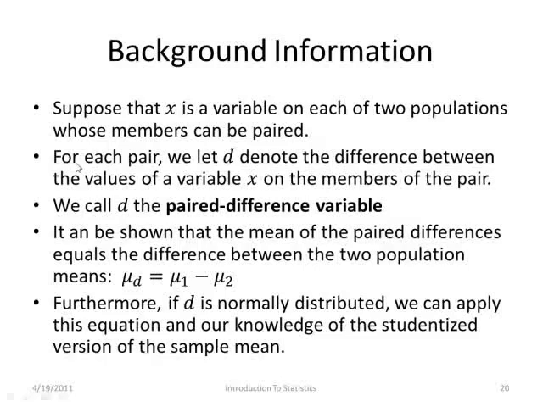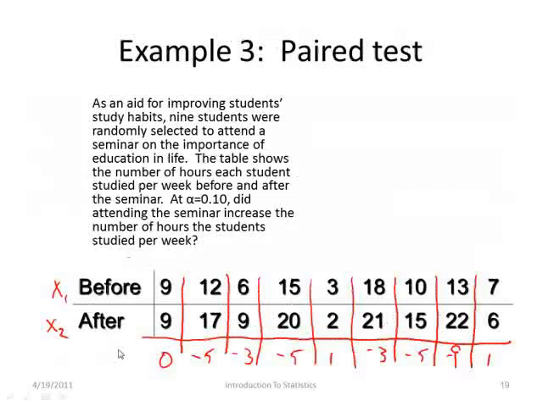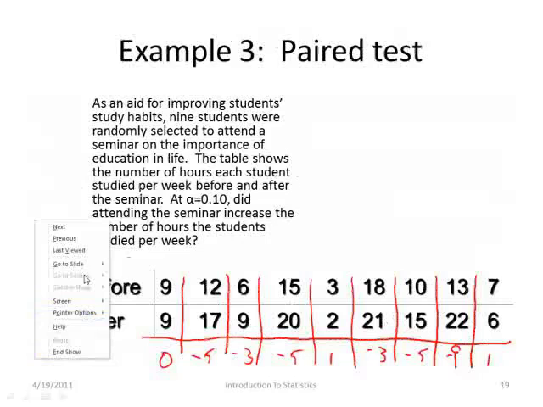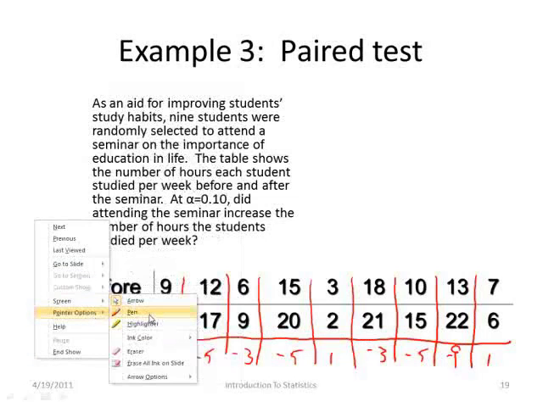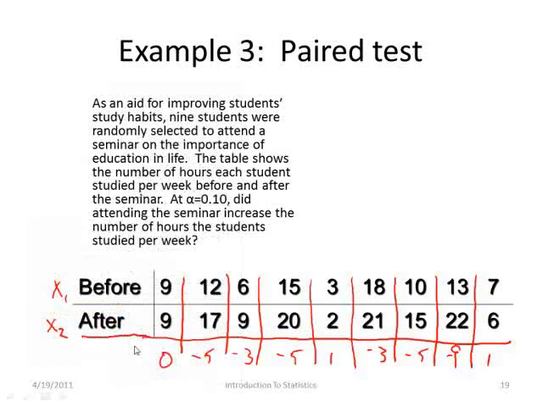So now what we'll do is for each pair, we will let D denote the difference between the values of the variable X on the members of the pair. So going back here, these guys right here, these are my differences down here.